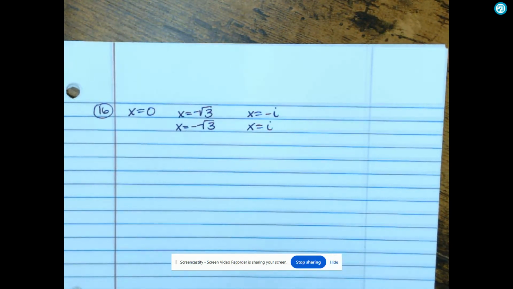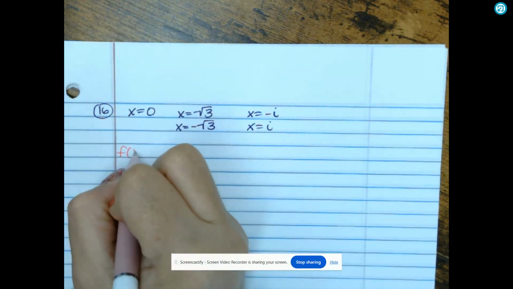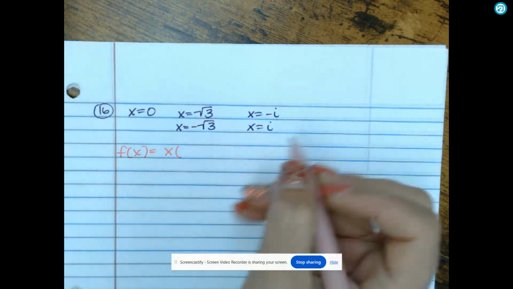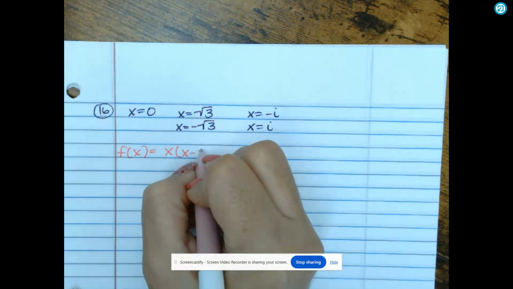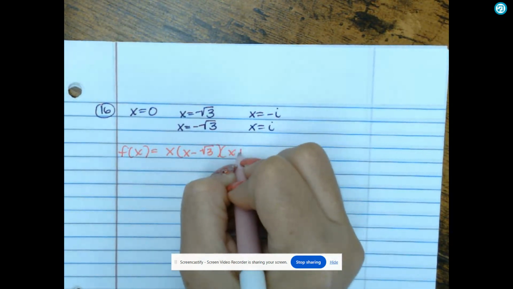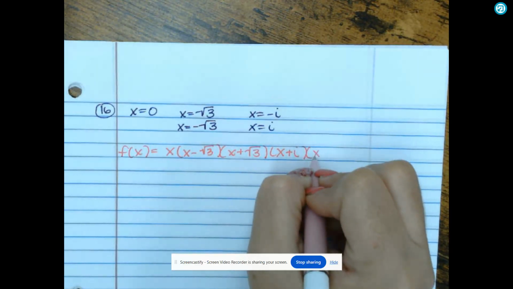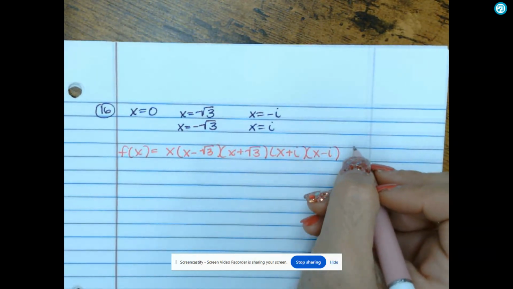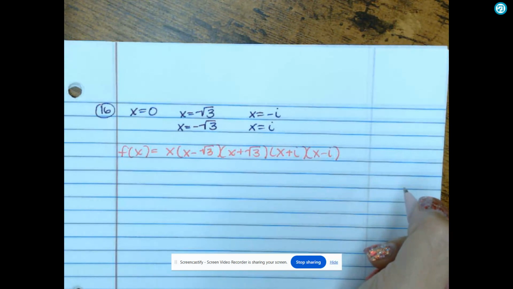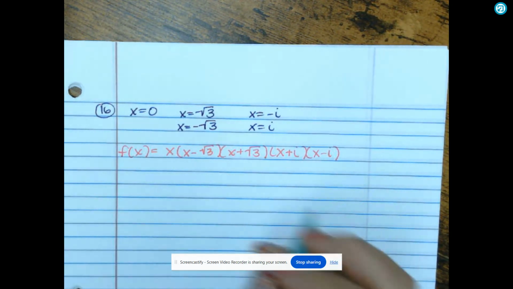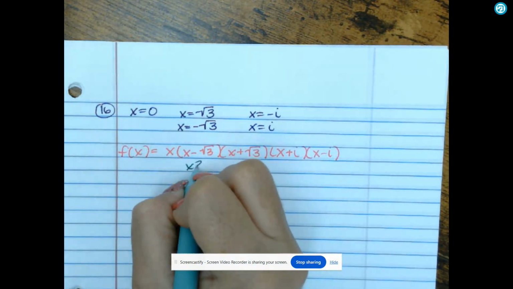Okay, so that means I can write my factors. If it's just 0, that's just x. This would be x minus the square root of 3. This will be x plus the square root of 3. This will be x plus i and x minus i. All right, if we distribute it out right here, x times x is going to give me x squared.